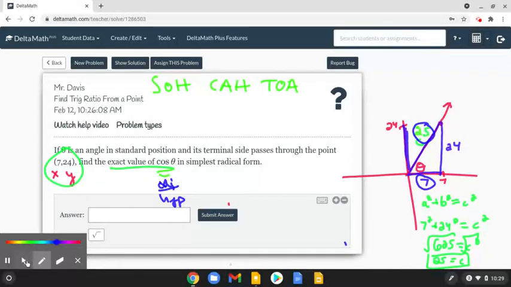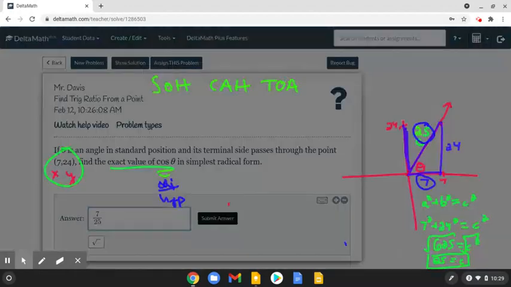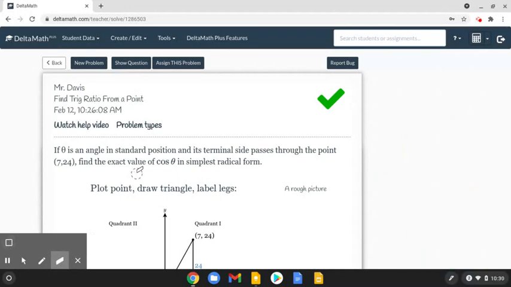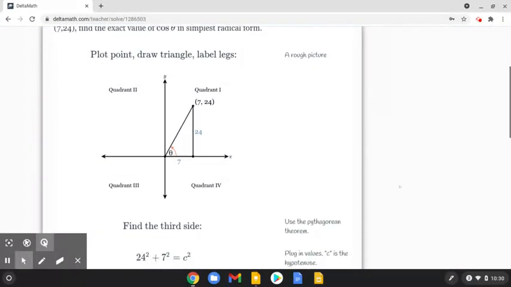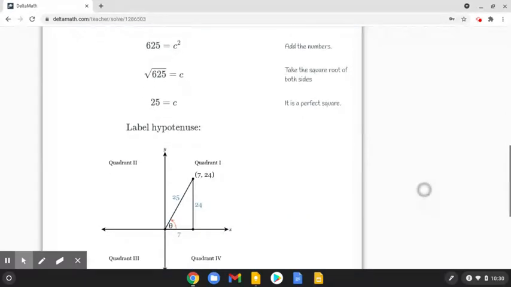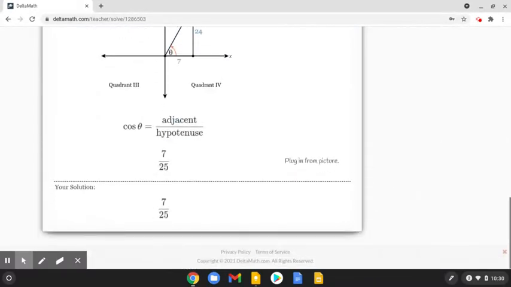So all we've got to do is type in 7 over 25. And boom. In some ways, I think this can be easier than what we've done before. You can see the explanation there. We did the same thing: plot it, draw the triangle, label them, find the third side, and then just use the cosine there.